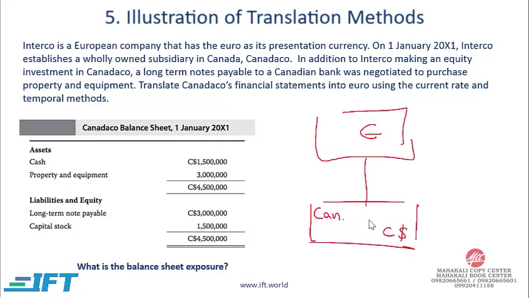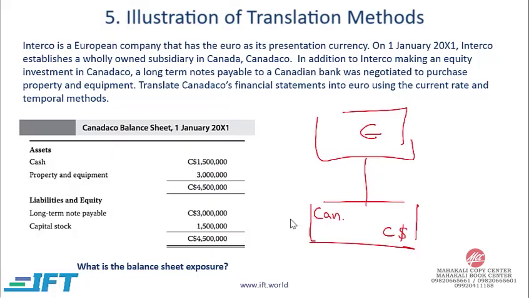There is a question as to whether the current rate method should be used or the temporal method should be used. And in this example, we are going to use both methods and look at how using different translation methods can result in substantially different numbers on the income statement and balance sheet.